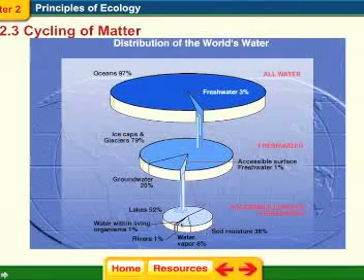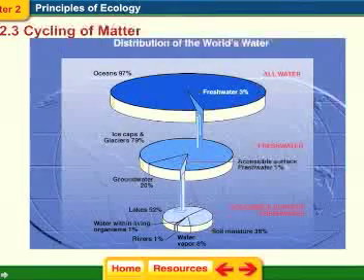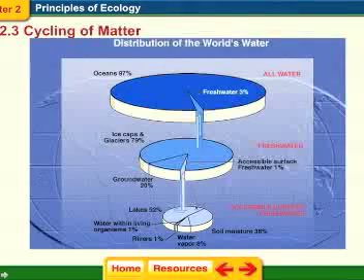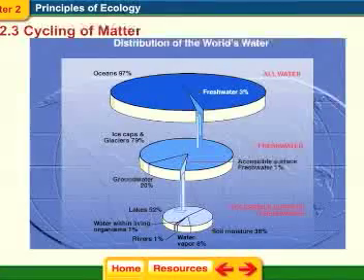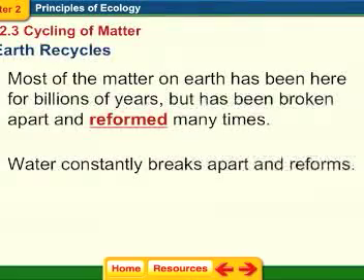So we really don't have all that many sources of accessible fresh water. We have to be careful about that, using our water wisely and making sure we're not being wasteful.